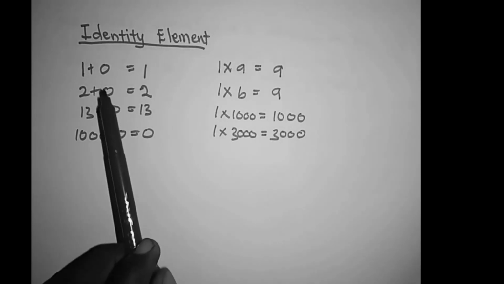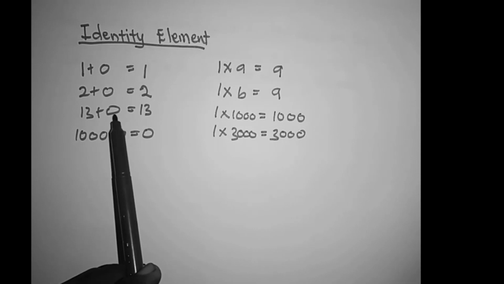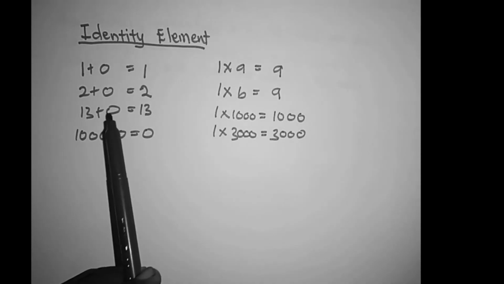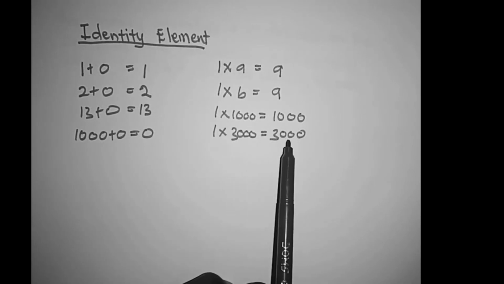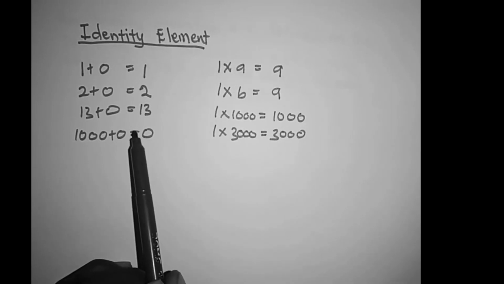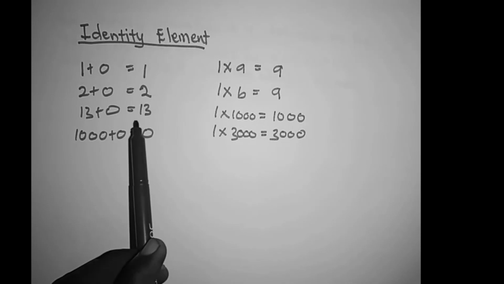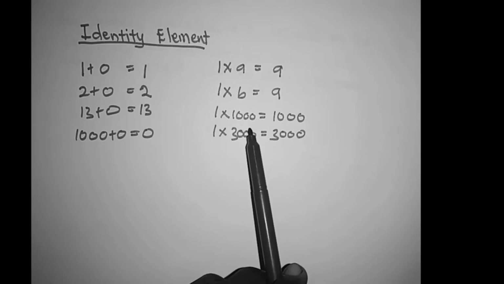So under addition, 0 plus any real number does not change the result. We get back that same real number. And then 1 times any real number will give us that same real number. So this means that under addition, 0 is the identity element, and under multiplication, 1 is the identity element of real numbers.